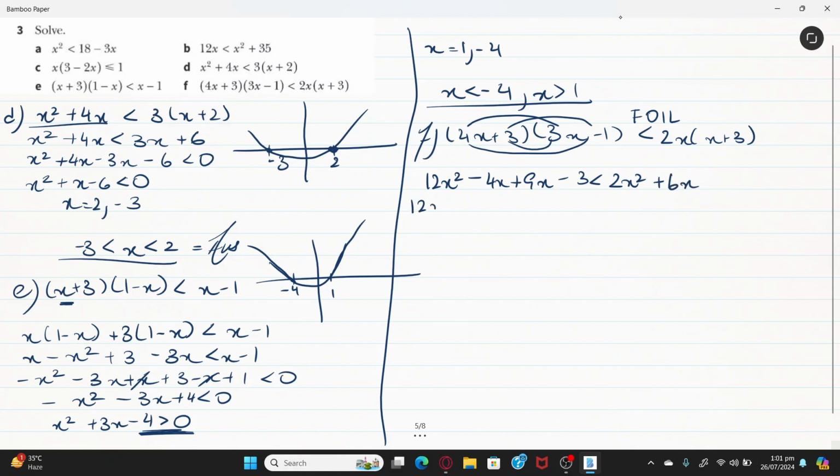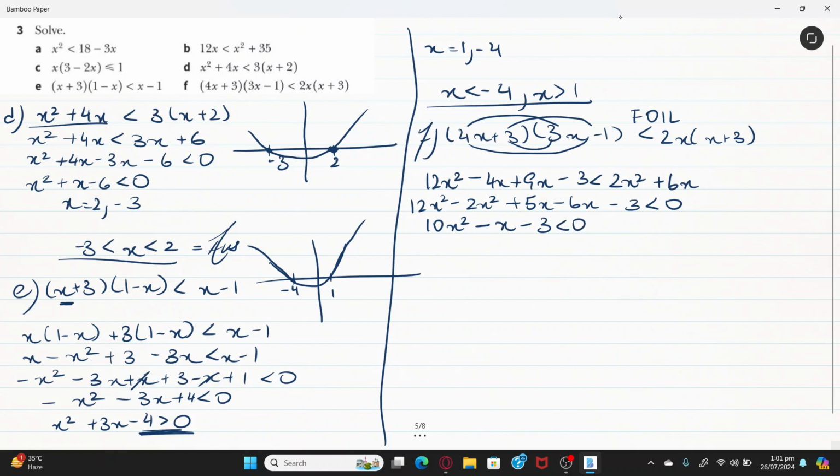Simplify this: 12x squared minus 2x squared is 10x squared, minus 4x plus 9x is positive 5x, minus 6x gives negative x, and minus 3 is lesser than 0.